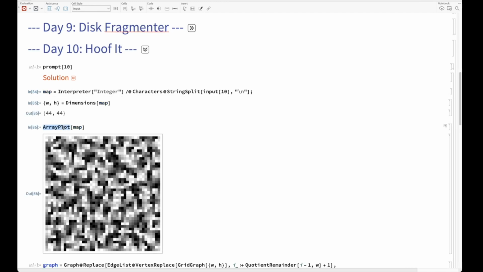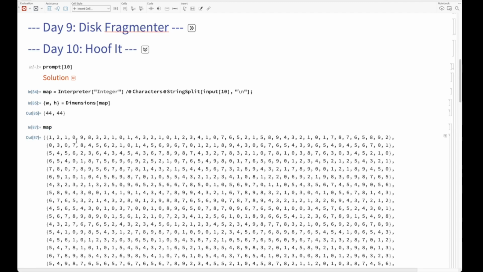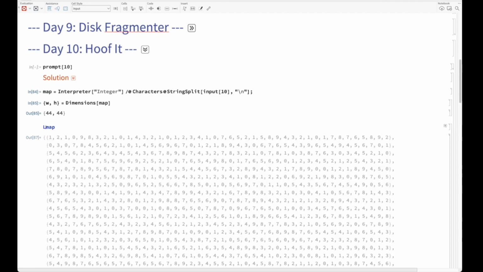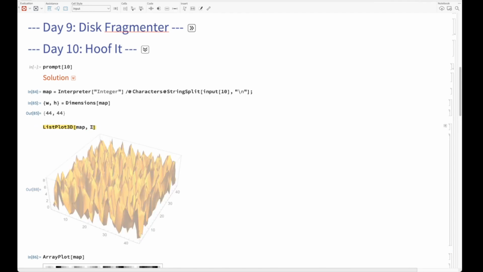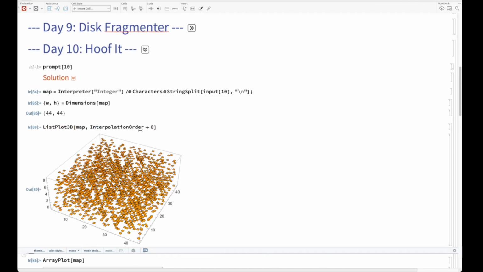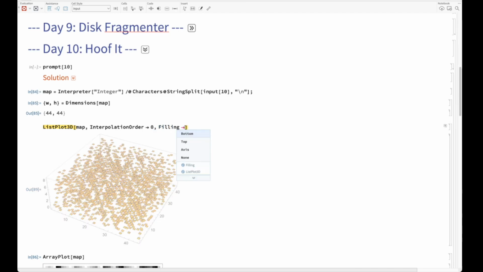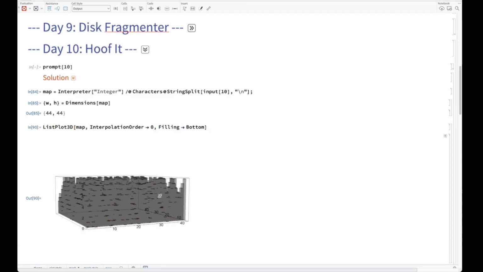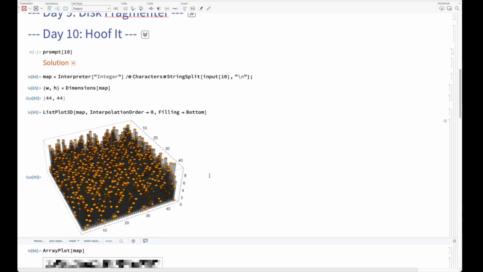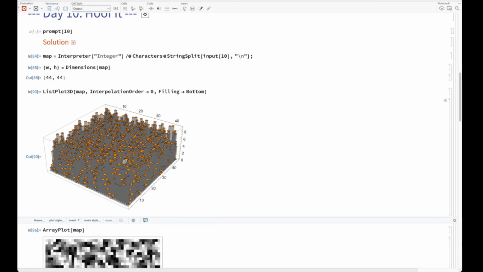The map is just a list of integers. What if I do ListPlot3D, interpolation order 0, filling bottom, yeah, something like this. A 3D picture so that it shows the heights.